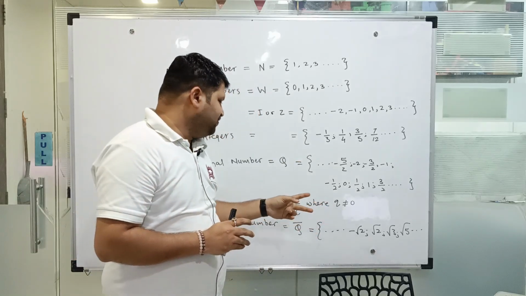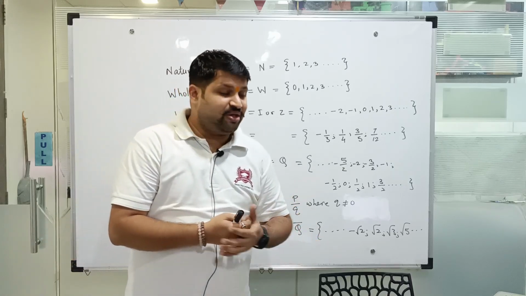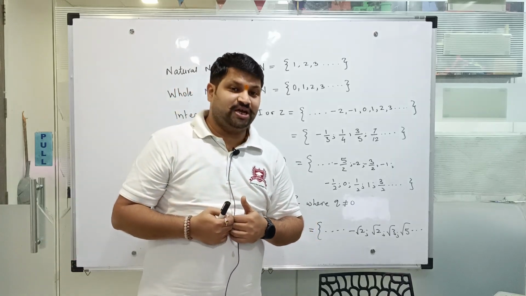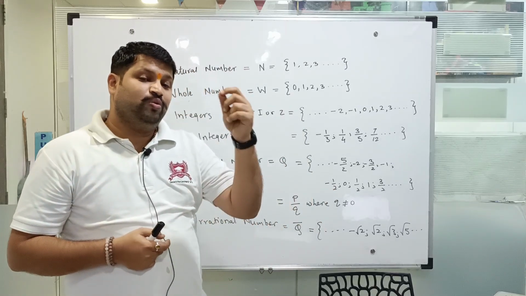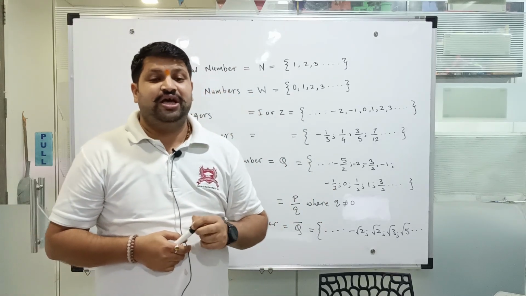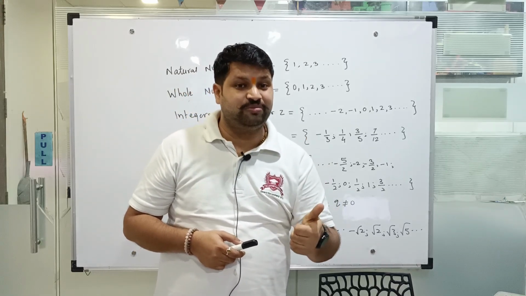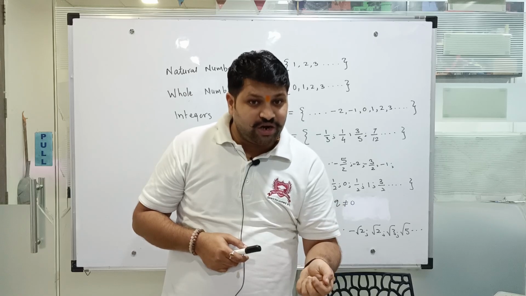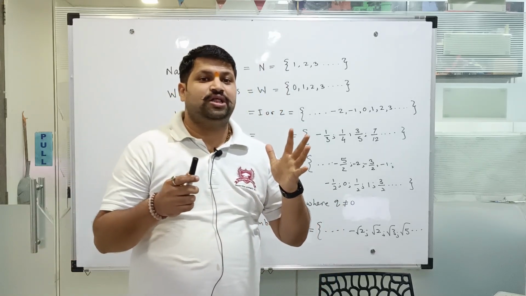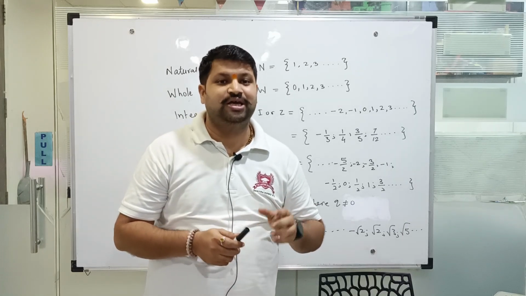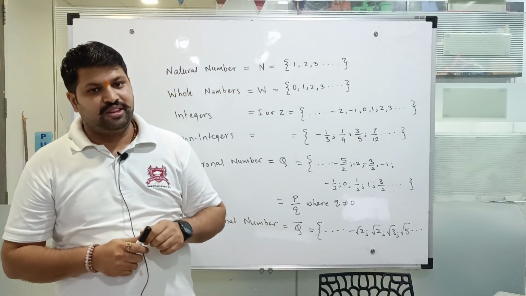First thing, we will see whether it can be put in the form of P upon Q. If it can be, then it's a rational number. If it cannot be, then it's an irrational number. Second, we are going to check if we do the division, first whether it is terminating or non-terminating, and then, if it is non-terminating, whether it is recurring or non-recurring. So if it is non-terminating, non-recurring, then only we will call it an irrational number.